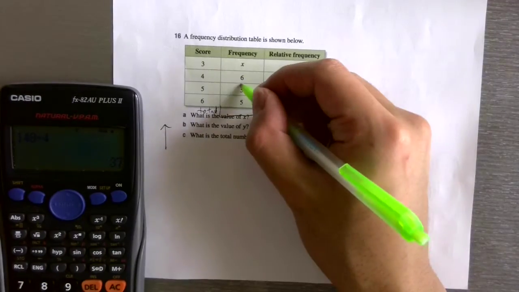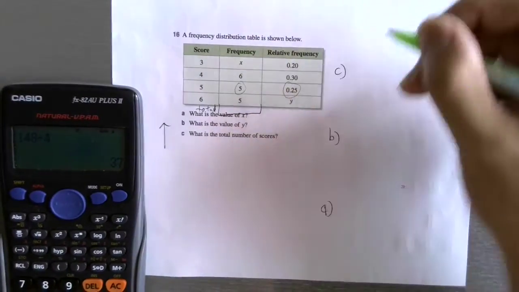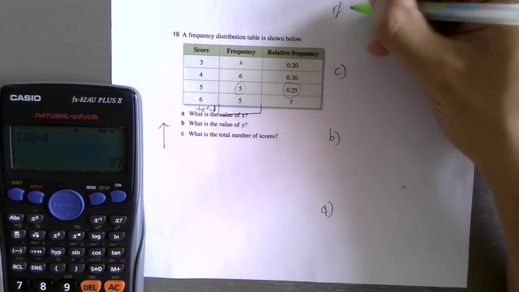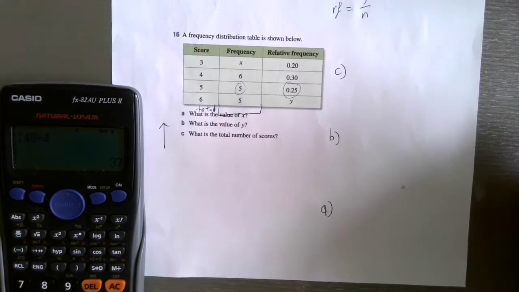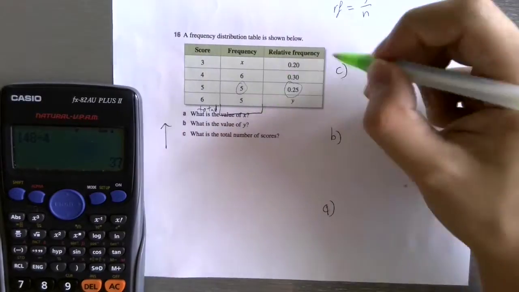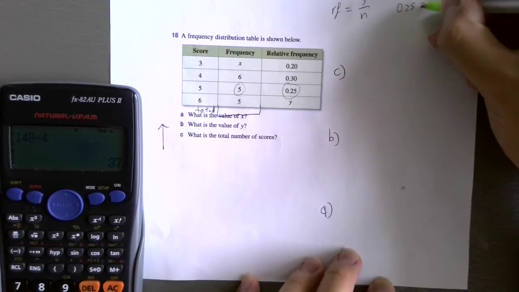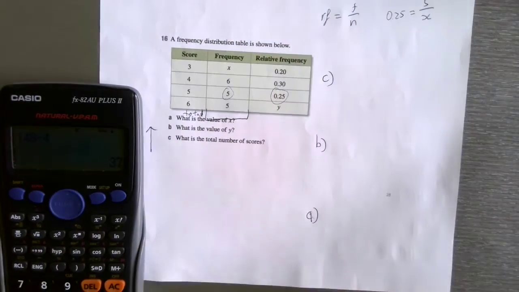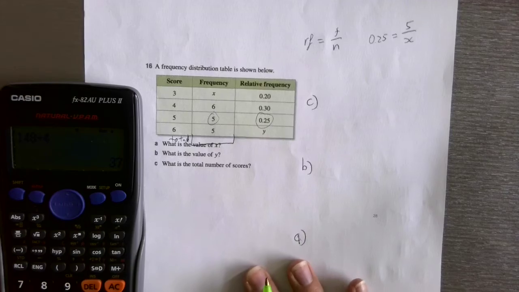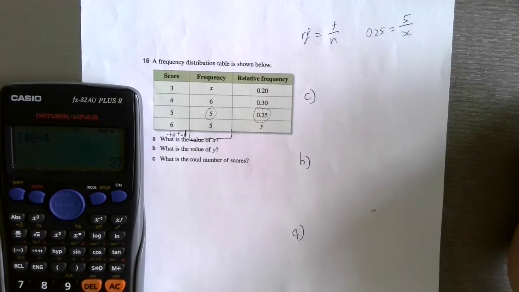What we know is the relative frequency is made up of the frequency divided by the total number of scores. And so right now we know that the relative frequency is 0.25. We know that our frequency is 5. So 5 divided by something gives us our 0.25.